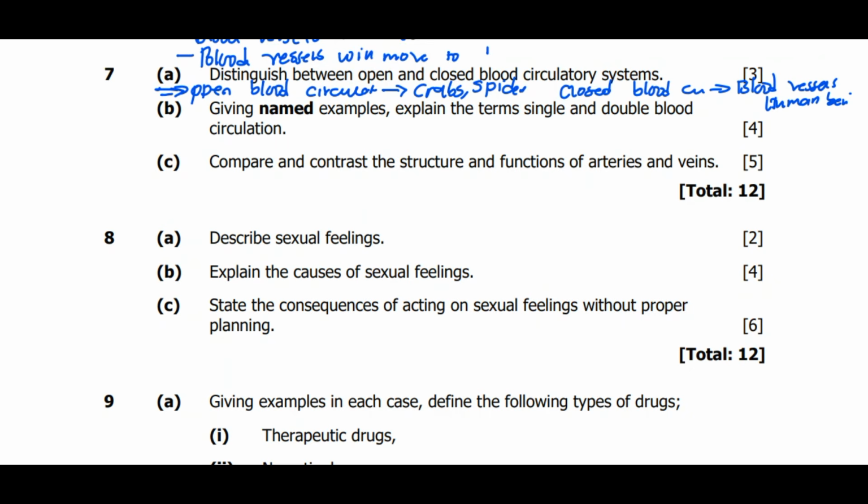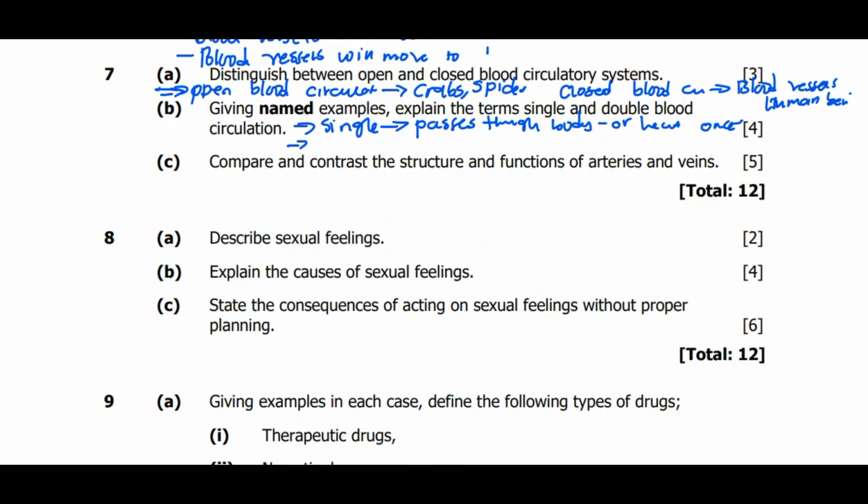Then for question B, give named examples, explain the terms single and double circulation. For a single circulation, as we can see from the word single, it's the circulation in which blood passes through the heart once.